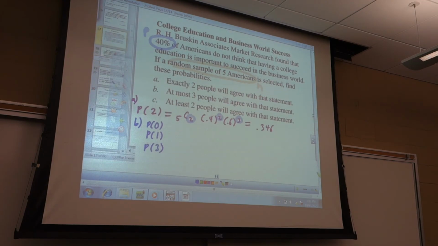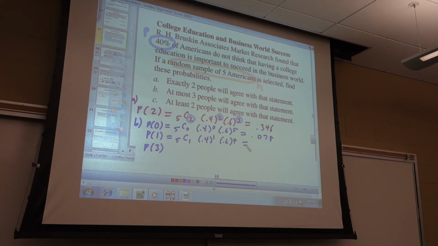Probability of 0. So that's going to be 5 choose 0 times 0.4 to the 0 times 0.6 to the 5th. So that's going to be 0.078 if I round. And then probability of x is 1: 5 choose 1 times 0.4 to the 1 times 0.6 to the 4th.